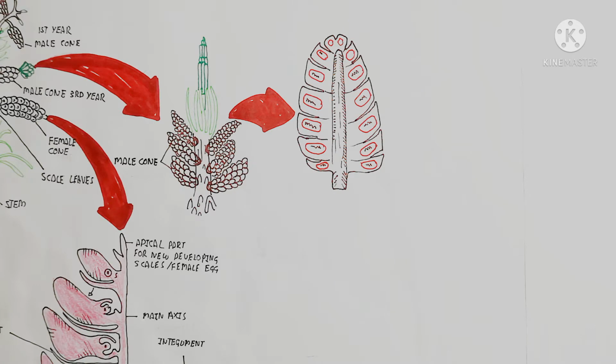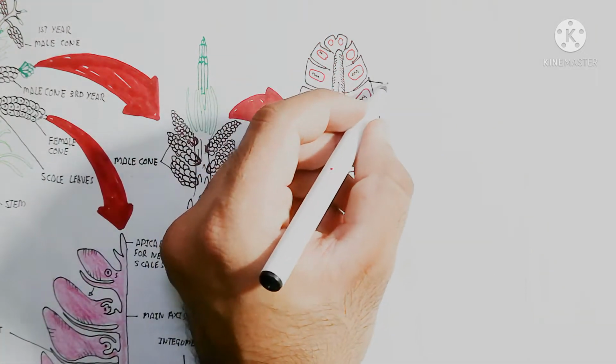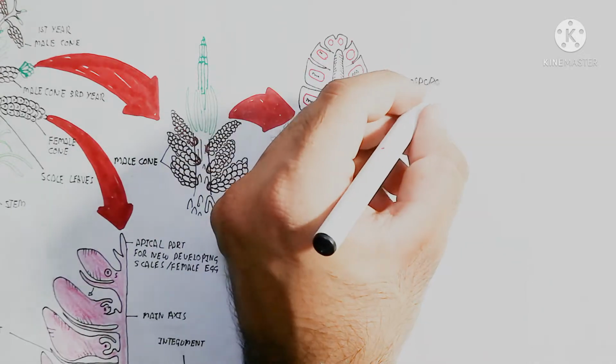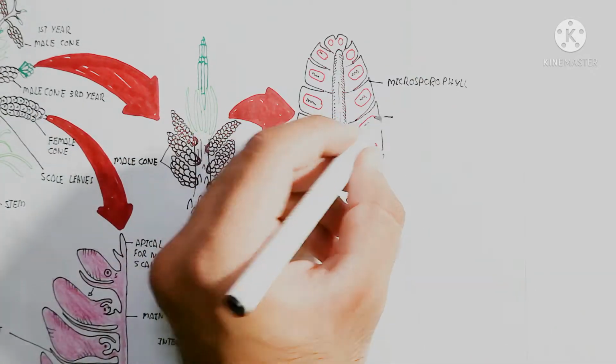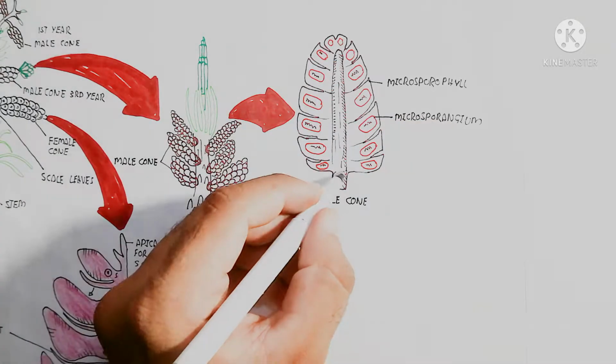Microsporangium is the singular, while the plural is microsporangia. This microsporangia contains microspores. That is the axis of the cone. This is the male cone, the gymnospermic cone of the male.